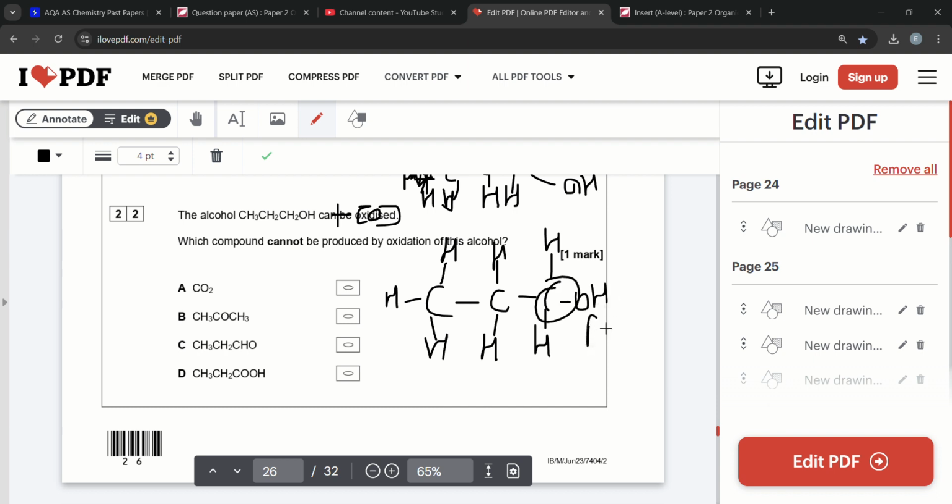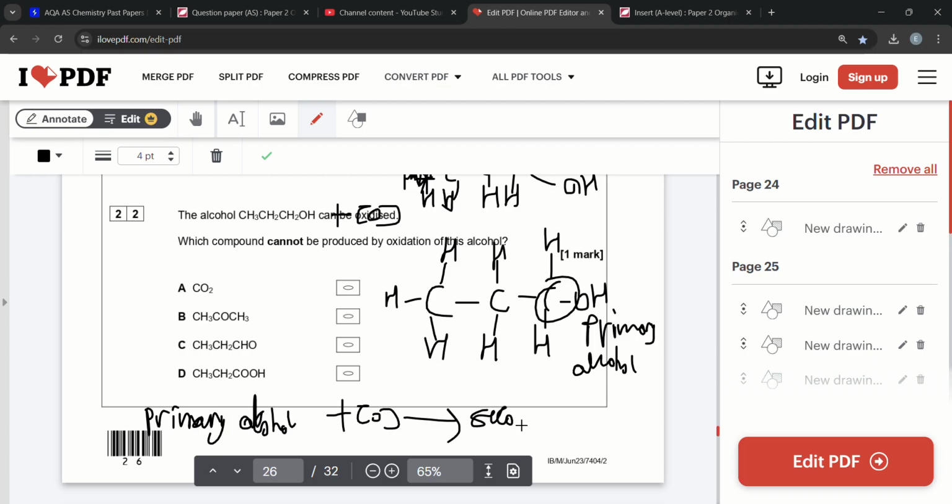Well, that is clearly a primary alcohol. So if we oxidize it, we form a secondary alcohol.